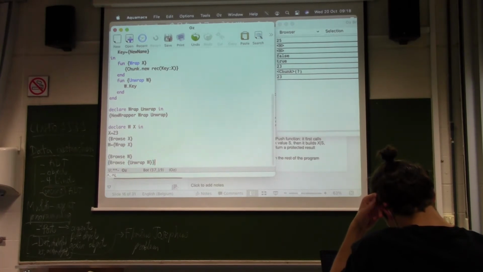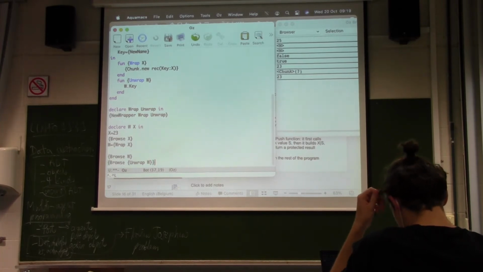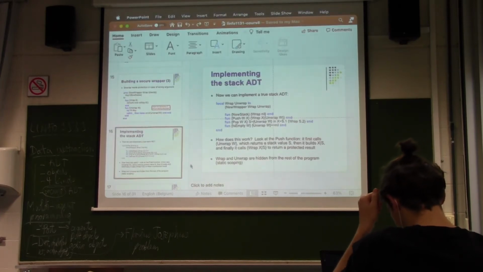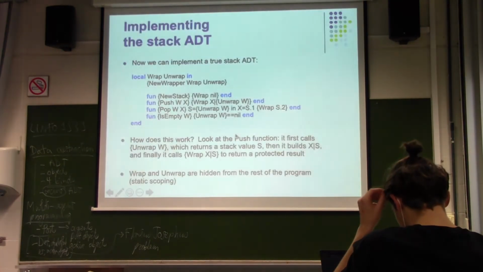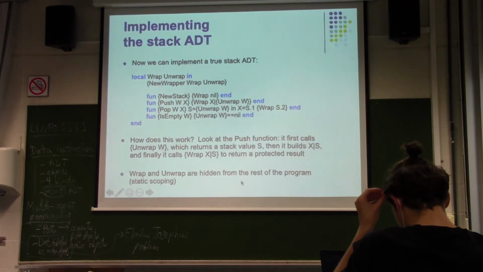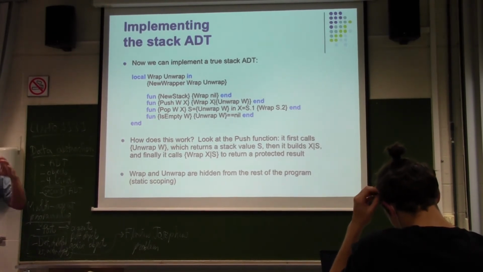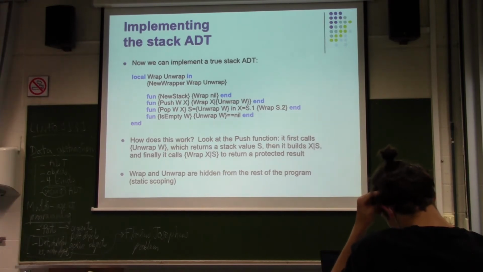Okay, so that's good. Let me go back to the slides now. So this shows you then how to build secure abstract data types, using secret keys and boxes like that you can lock the secure records.